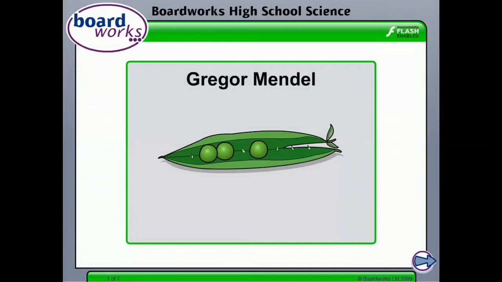For example, the color, the height, and the size, and so on. That's why he chose the pea plant: because it's easily planted, its life cycle is short, it is self-pollinated, it can be artificially pollinated by humans, and it has a large number of plants and several pairs of recognized contrasting traits that appear in the generations.